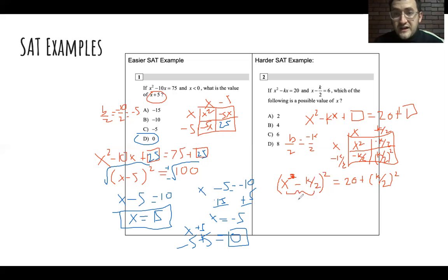One thing I know about x minus k over 2 is that this is equal to 6. So this is 6 squared, which is equal to 20 plus k over 2 squared. That's what we added in our box.